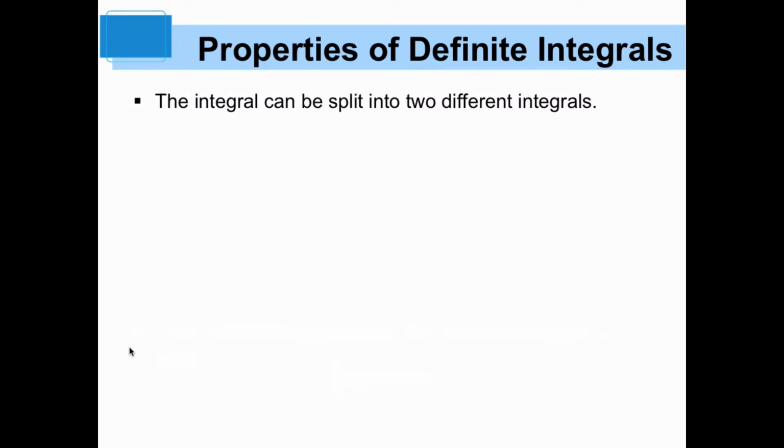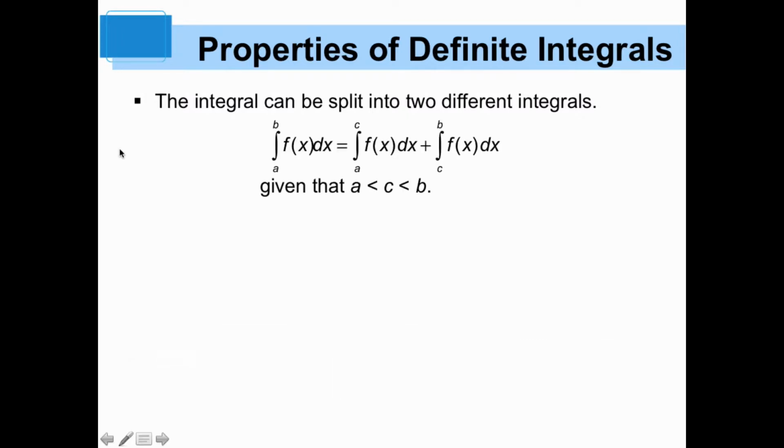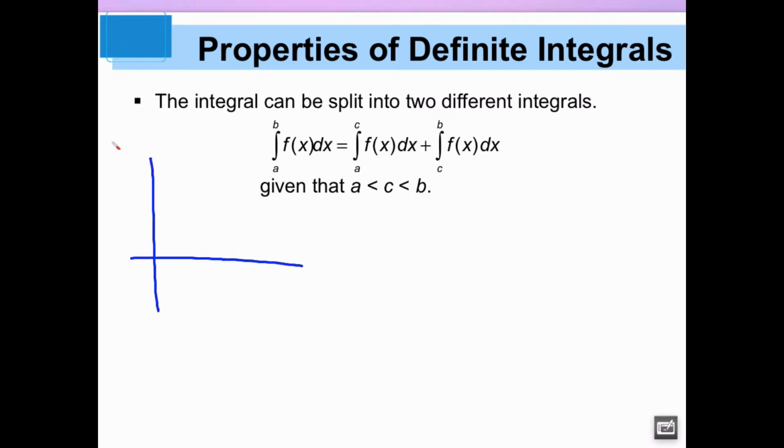Okay, another concept that probably requires a picture is that if we're going to go from A to B, we can split it into two different regions. So here's A, here's B. All right, that's the first integral here.